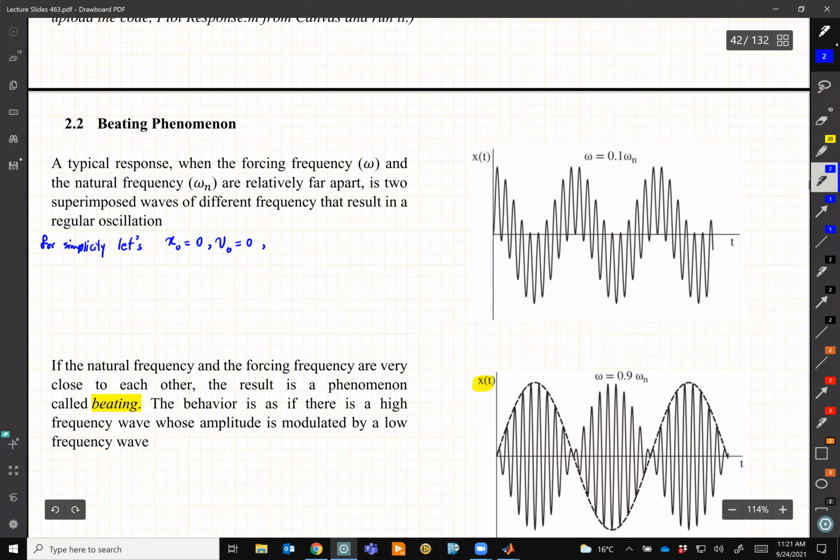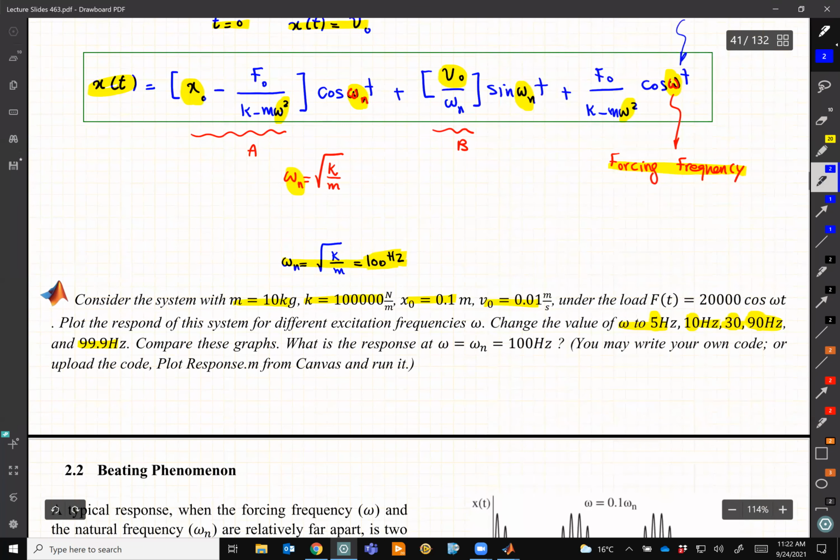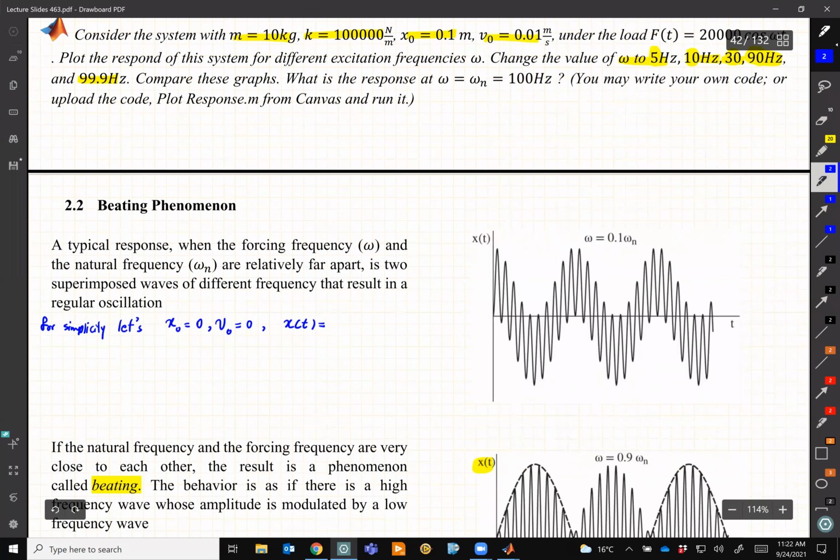So I would get x(t) equal to, let me move back, what do I get? This one is 0, so it will be minus f0 over k minus m omega squared, times cosine omega t minus cosine omega n t.